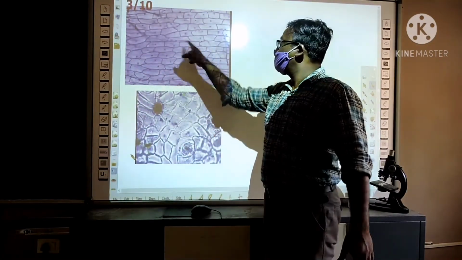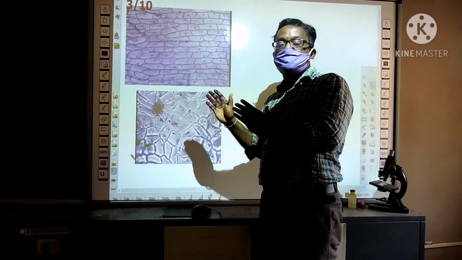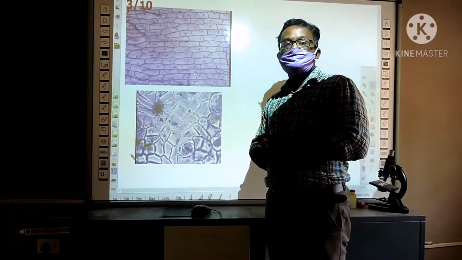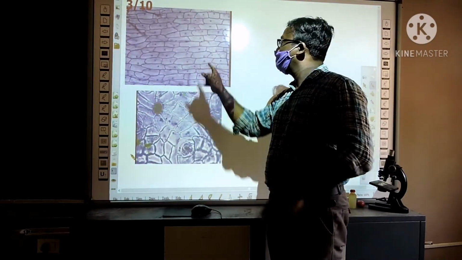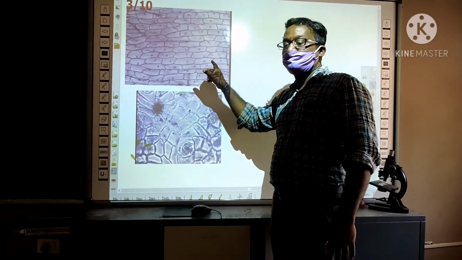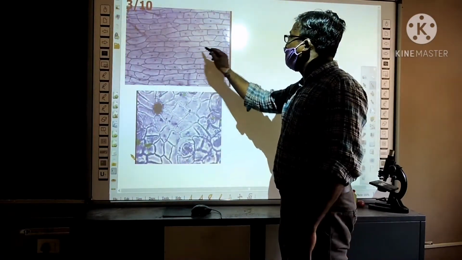These are the onion cells. Do you think there are any similarities? What is the similarity? Shape, right? What is the shape? Rectangular shape. Usually all are rectangular and closely packed.